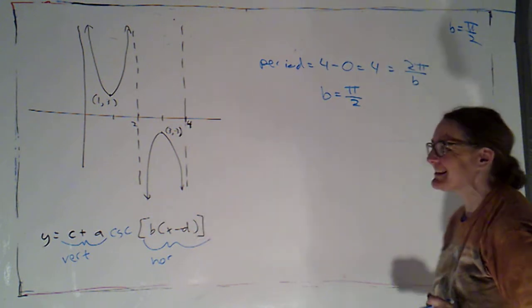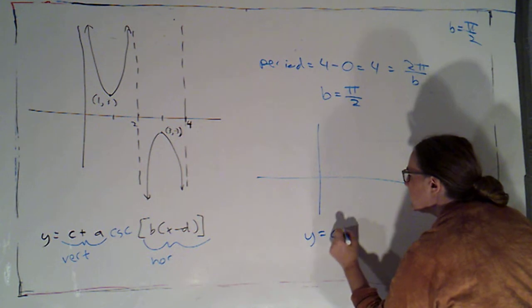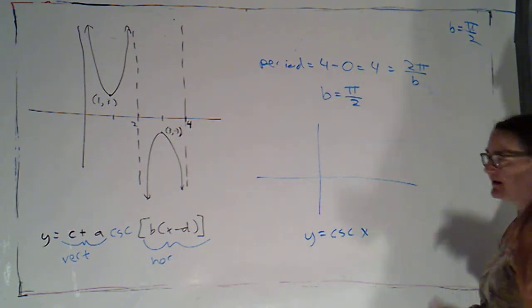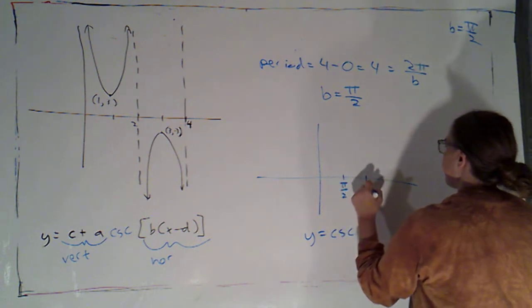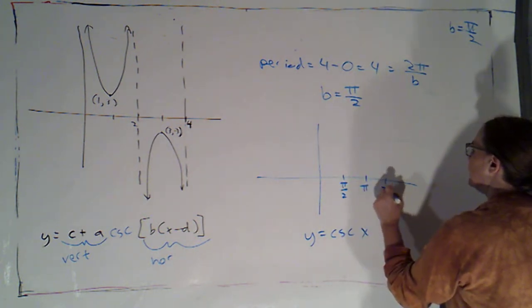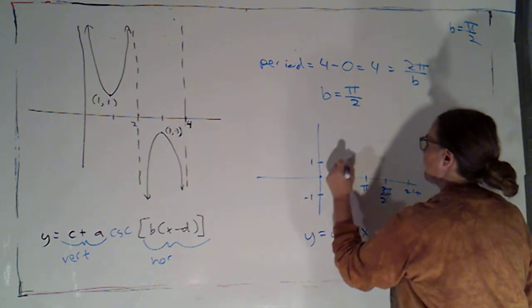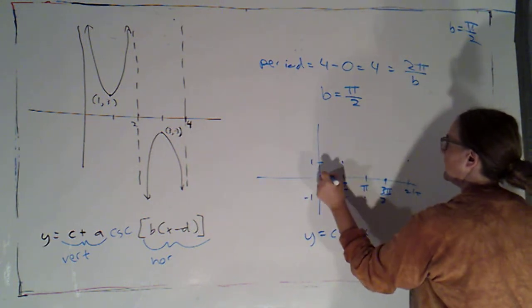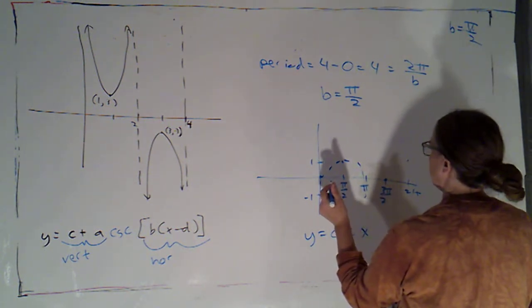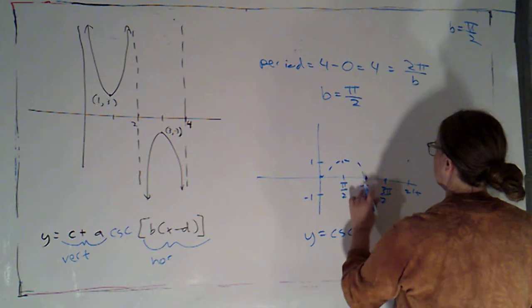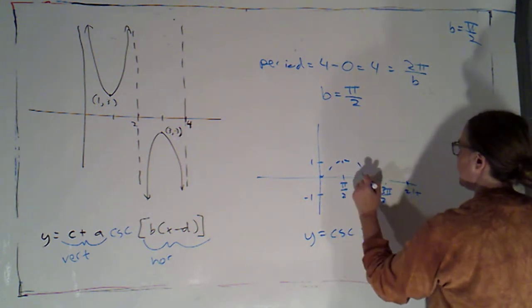But D has. Okay. Because let's take a look. If I just graphed y equals cosecant of x, I'm going to start by graphing sine as a helper curve. I'm doing it too quickly and plotting my points wrong.